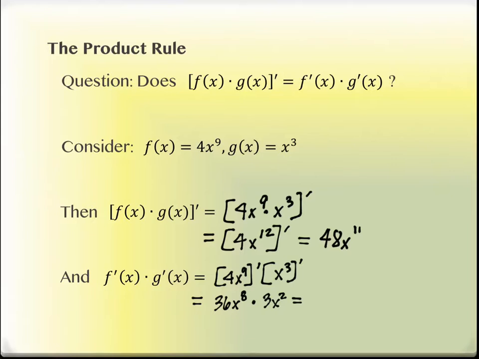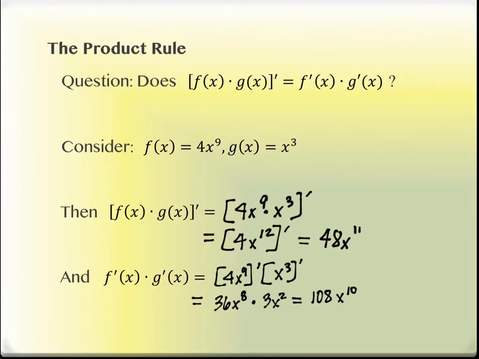And what happens when I multiply 36x to the 8th times 3x squared? What's 36 times 3? With a calculator if you want to, I don't care. 108. And what is x to the 8th times x squared? Yeah, x to the 10th.